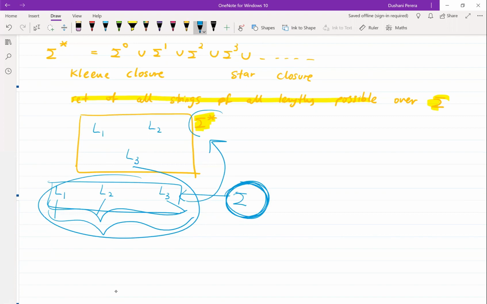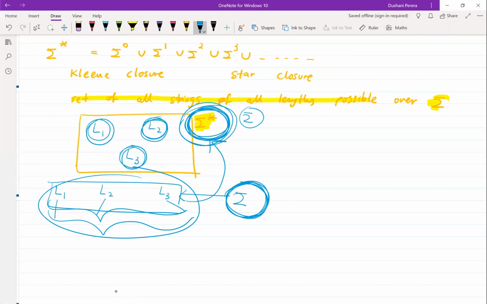This is the one which contains all possible strings that are formed over sigma. These languages define a certain set of strings that can be formed over sigma, which means L1, L2, L3 are parts of this universal set, or subsets rather.